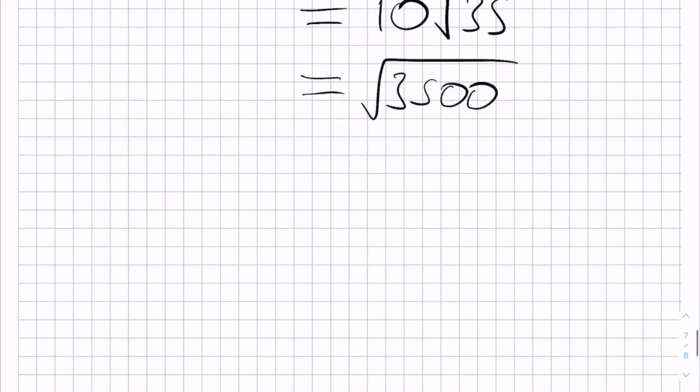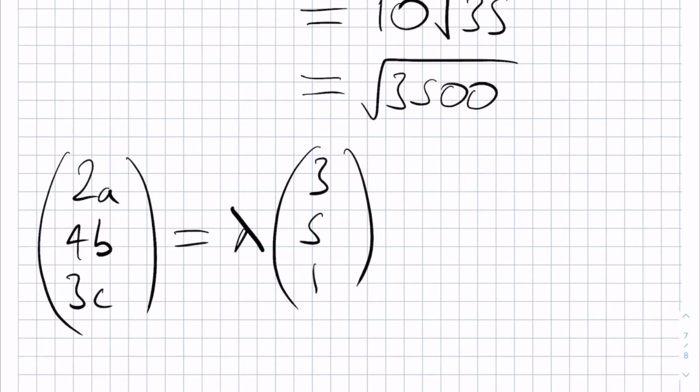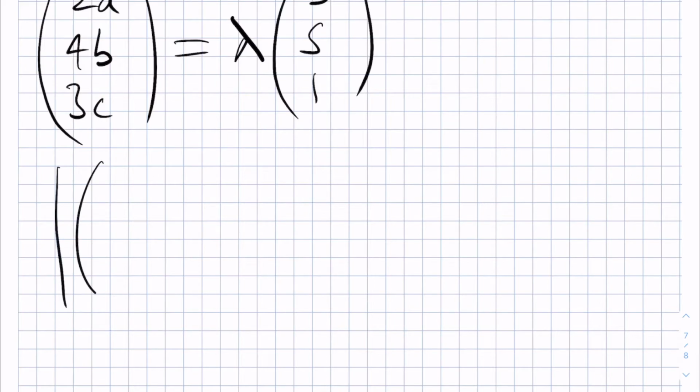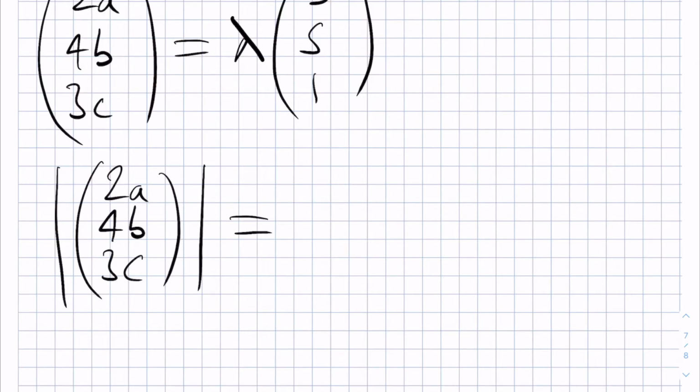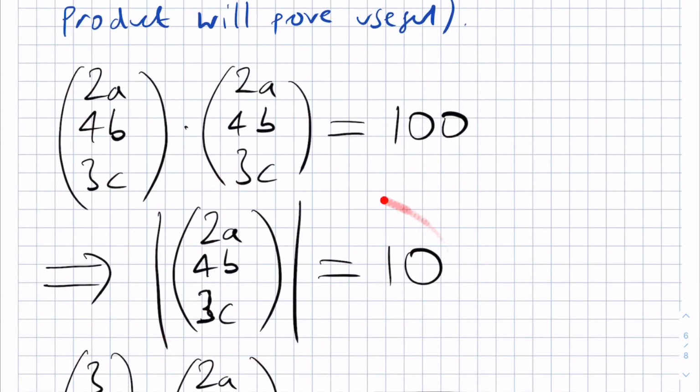So we have 2a, 4b, 3c as a vector as being a constant multiple lambda of the vector 3, 5, 1. However, we need the value of lambda to be chosen such that the magnitude of this vector 2a, 4b, 3c is equal to 10, in line with the first equation that we have here.